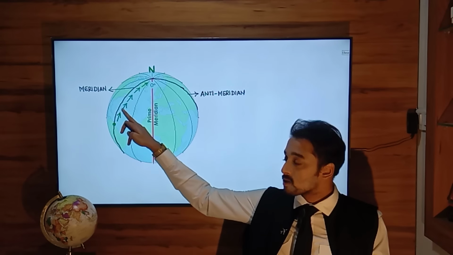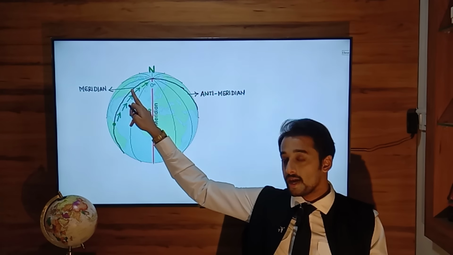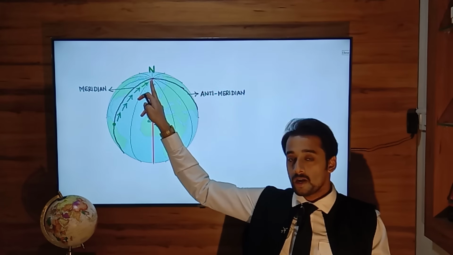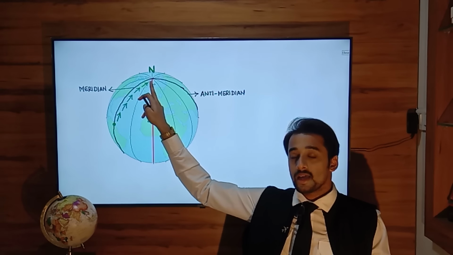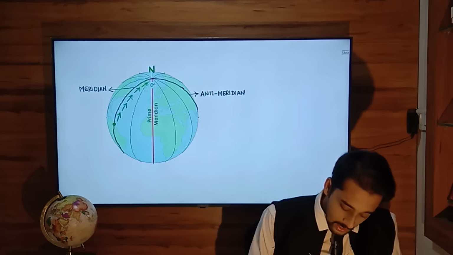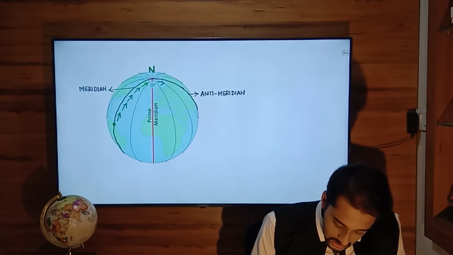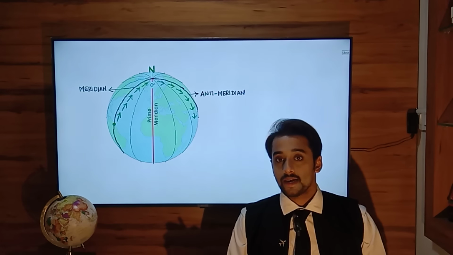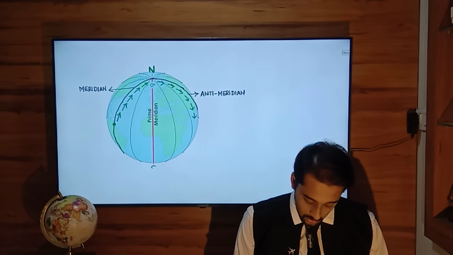After flying along this meridian on a northerly heading, it will after some time reach the North Pole. After reaching the North Pole, it will continue its flight in the same direction on the opposite side of the hemisphere, along the anti-meridian. And this is your South Pole.